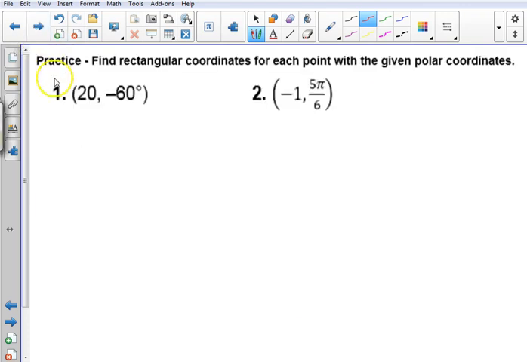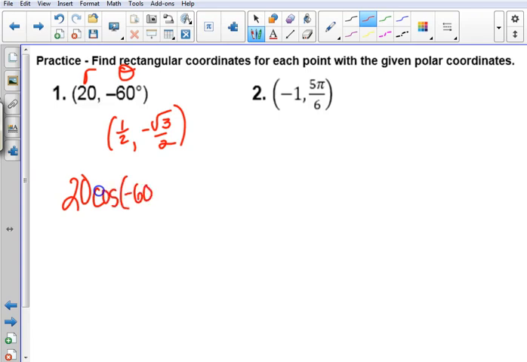Okay. So is this one we can do exact, guys? This is an r, theta. Okay. So look at your unit circle. What's the cosine and sine at negative 60? 1/2, that one, right? Okay. So when I write 20 cosine of negative 60, it's actually 20 times 1/2, which would be 10.